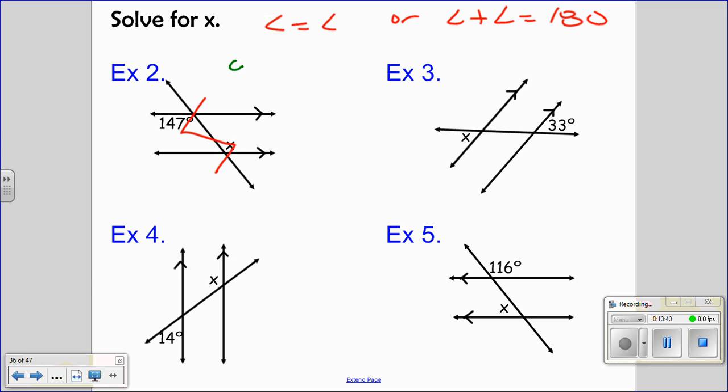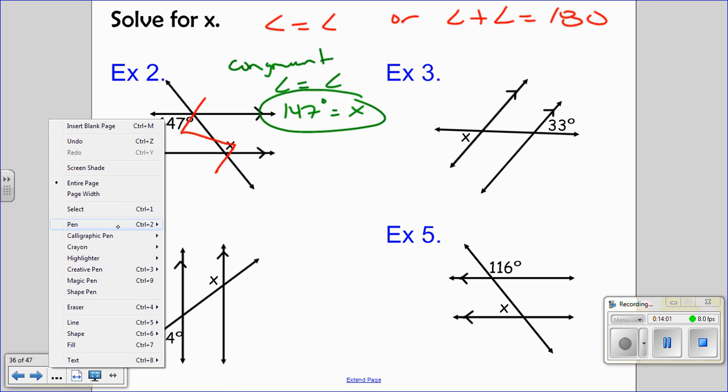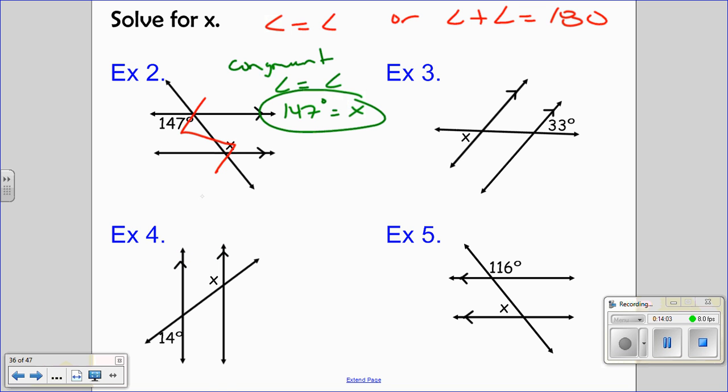Since they are congruent, we'll use angle equals angle, which means 147 is equal to x. Before I go further, what is the relationship between those two angles? They're both interior and on alternate sides, so alternate interior. I'll let you do example 3 on your own.